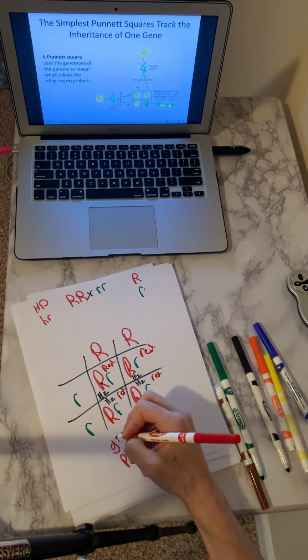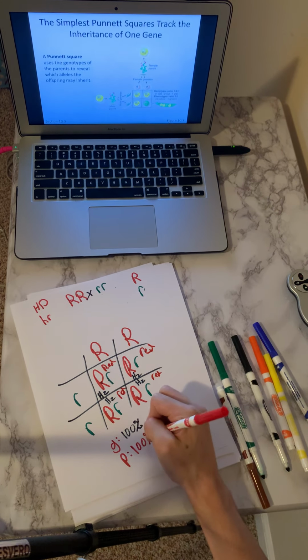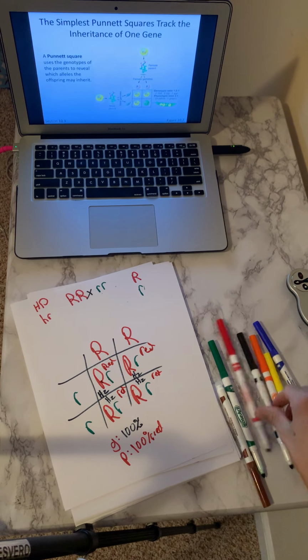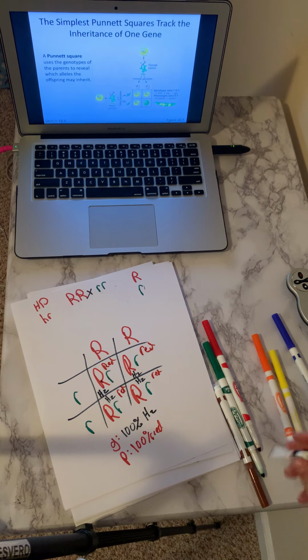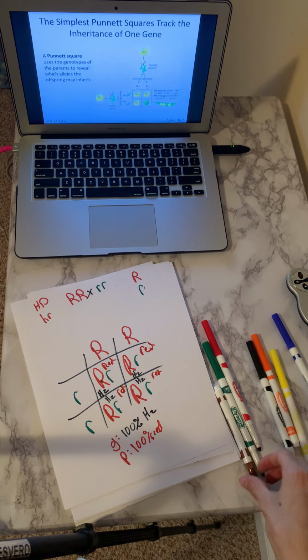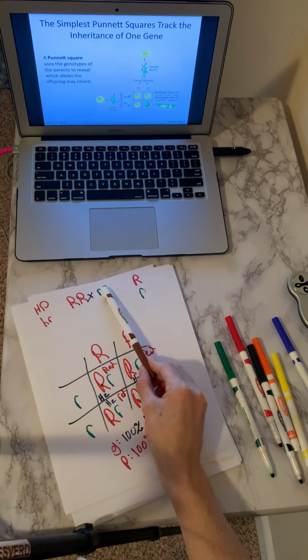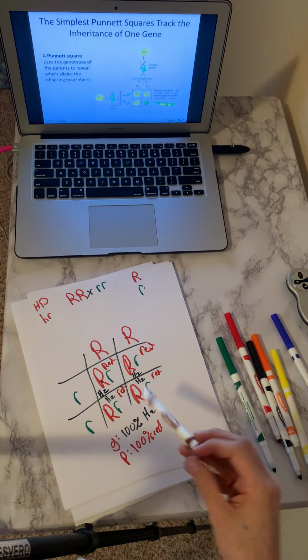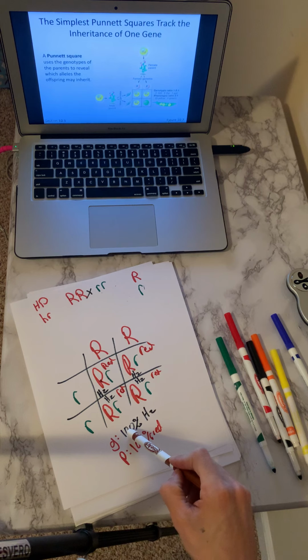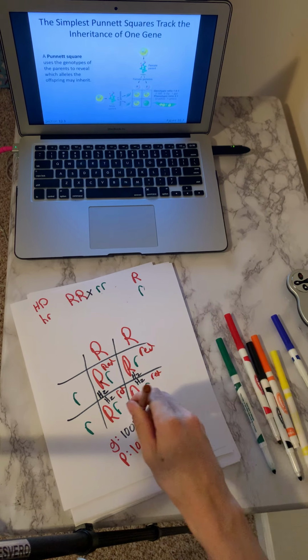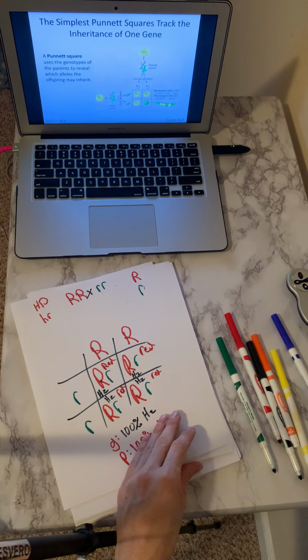So in this case, they are 100% red. I should probably put 100% heterozygous on there so we know what that means. So with this cross between a homozygous dominant individual and a homozygous recessive individual, even though the genetics are different, we still end up with 100% heterozygous individuals and 100% red individuals.